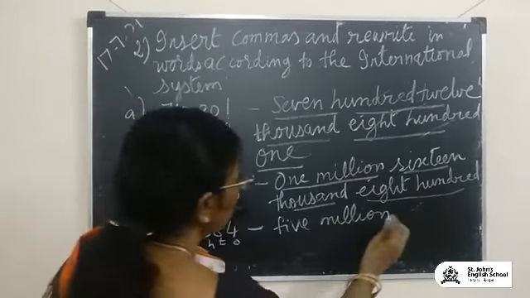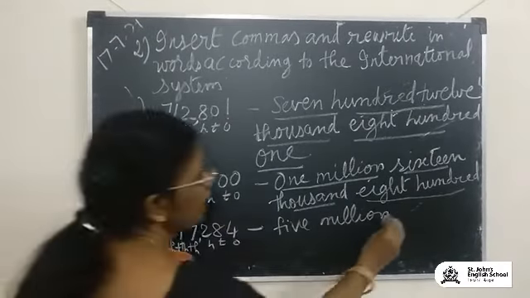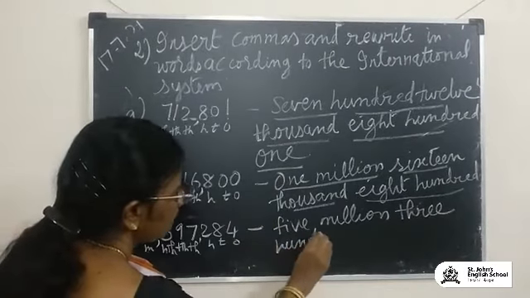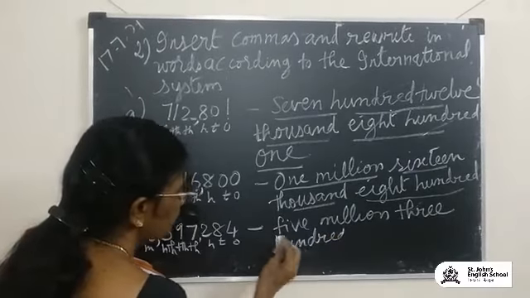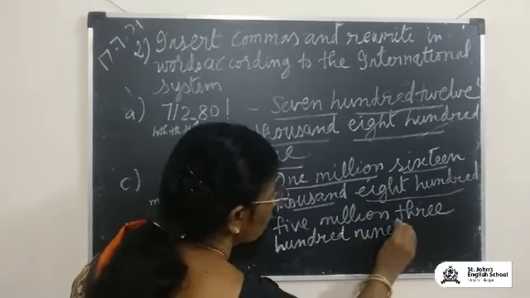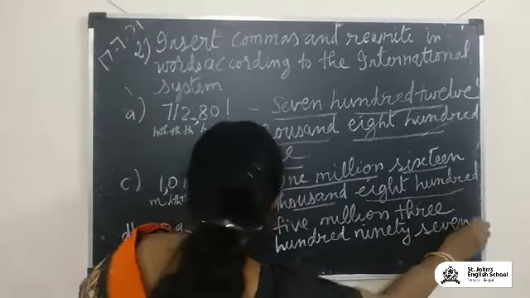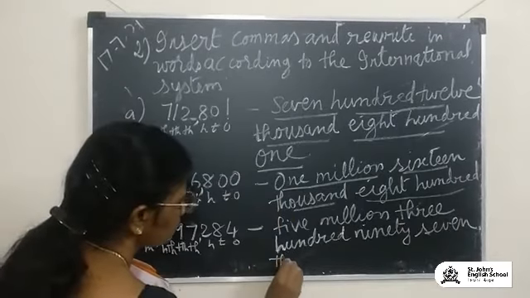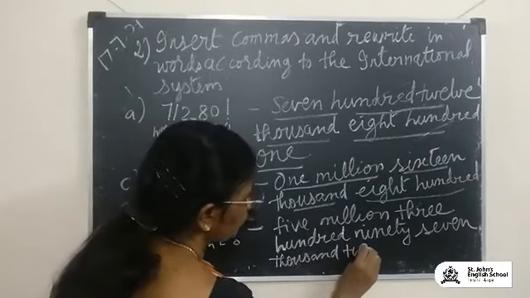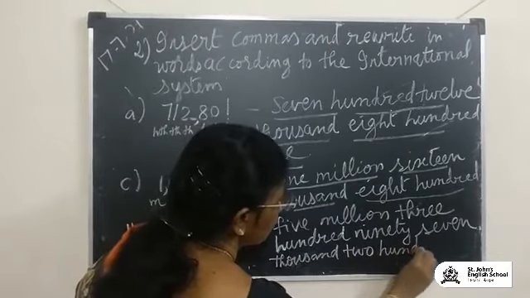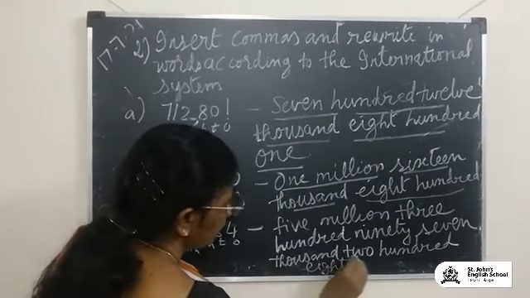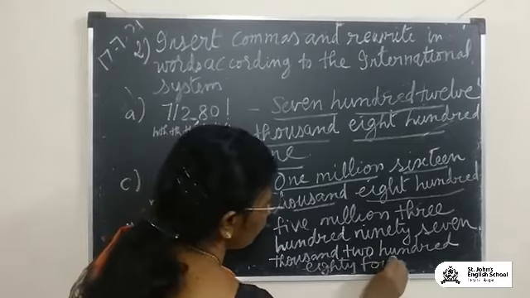Then all these three numbers together: 397,000. Then you have the remaining numbers, 284.